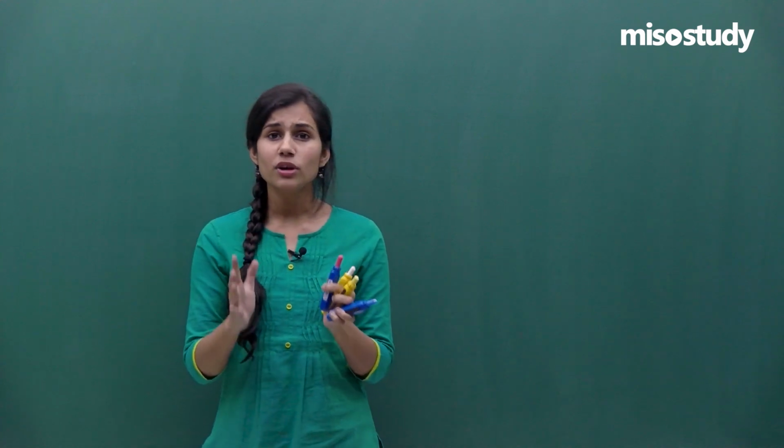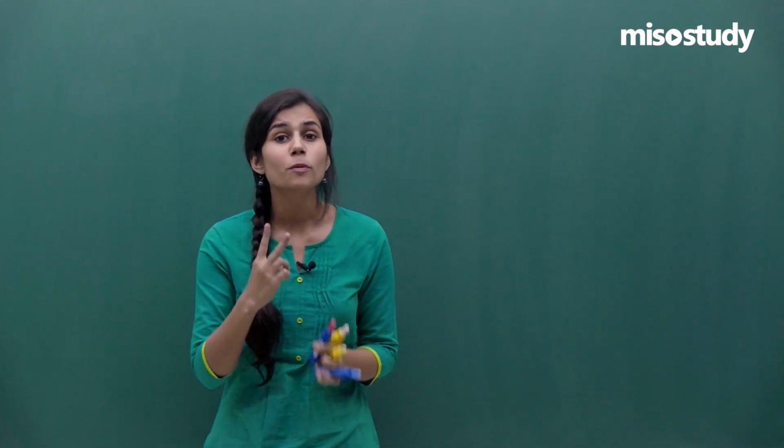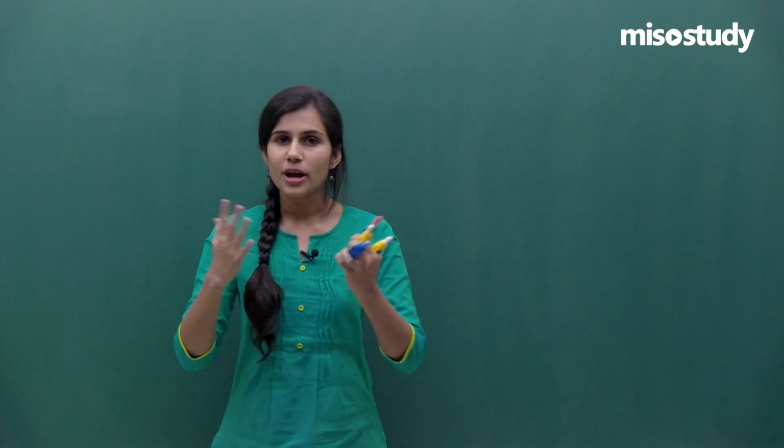Because unless you learn how to visualize sets, it is very difficult to deal with them in your papers or in real life. That is when I told you that there are two primary ways to represent or describe a set.